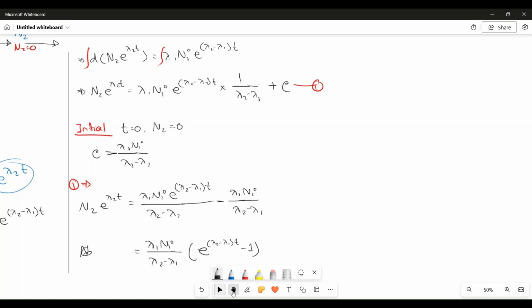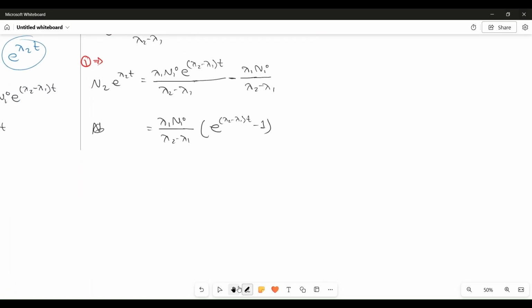Okay, so finally we get this form that N2 will be lambda 1 N naught over lambda 2 minus lambda 1, times e to the power lambda 2 minus lambda 1 t minus 1, into, we basically divide it, right?